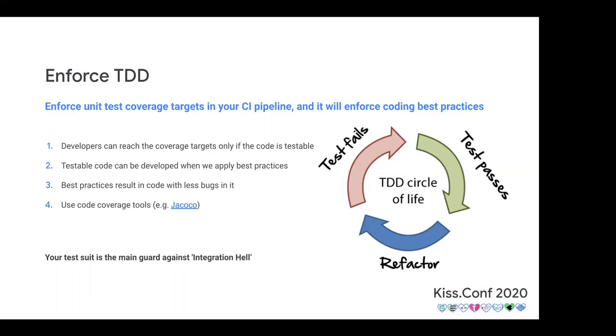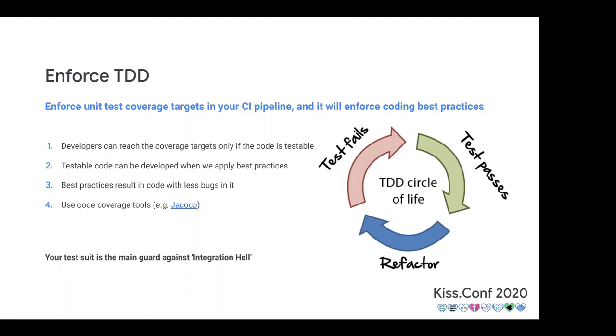So they need to go back and refactor the application in a way that is testable, and testable code always means it is better, and it uses the industry best practices such as loose coupling and a single responsibility principle.